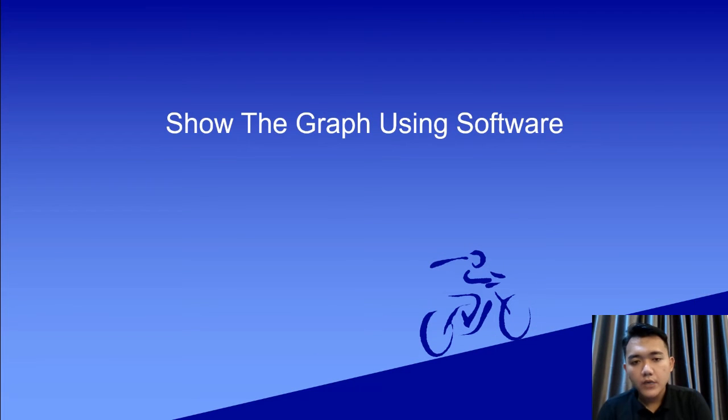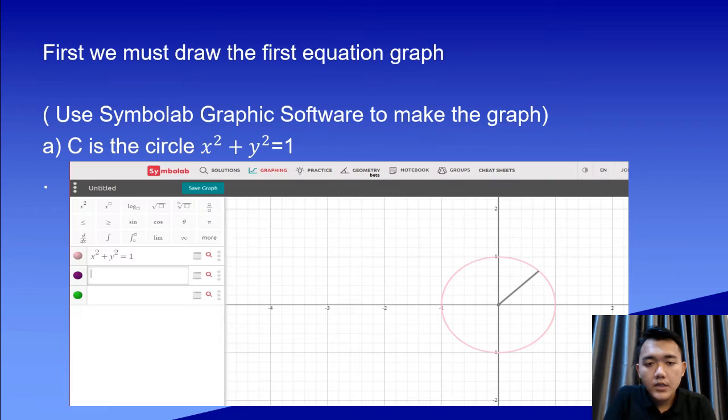So for today, I would like to show and evaluate the graphs in software. Firstly, we must draw the first equation graph, which is C: x to the power of 2 plus y to the power of 2 equals 1. So we can see the graph is like this.